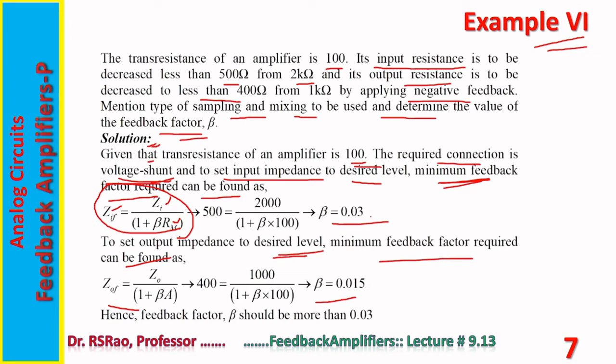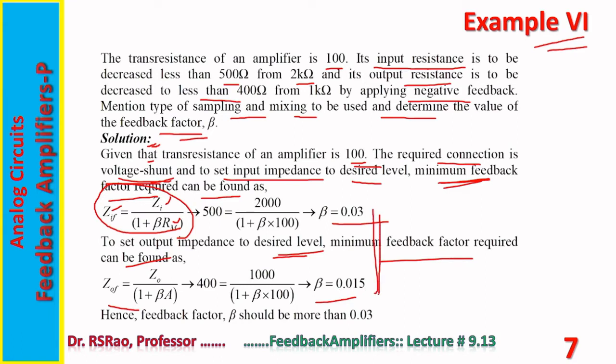Notice desired input resistance requires beta to be more than 0.03 and required output impedance necessitates beta to be more than 0.015.